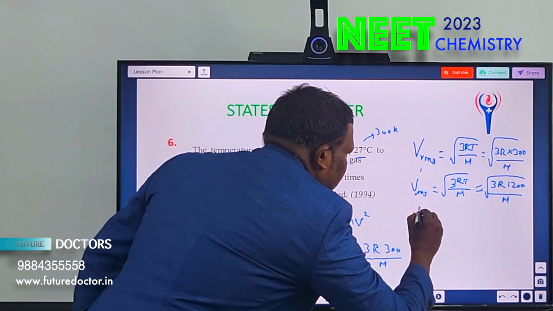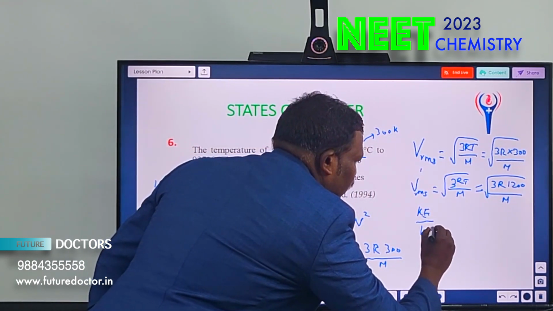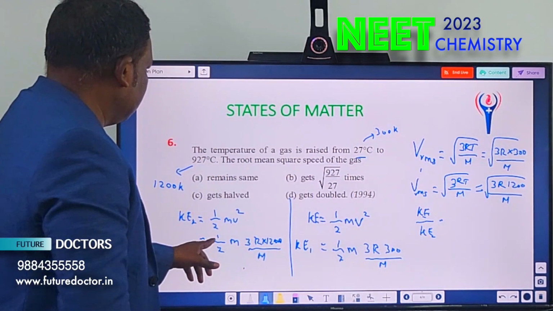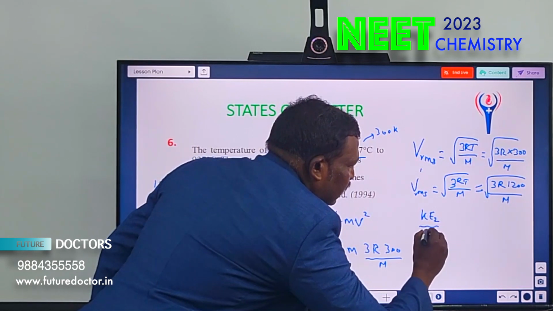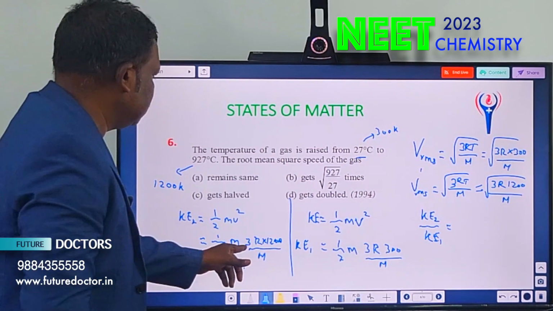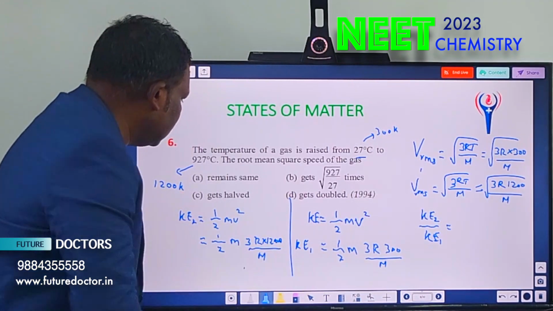Suppose I put KE2 by KE1, since this is the bigger number. You need not write all this out: the half will be cancelled, m will be cancelled, 3 and R also will be cancelled.